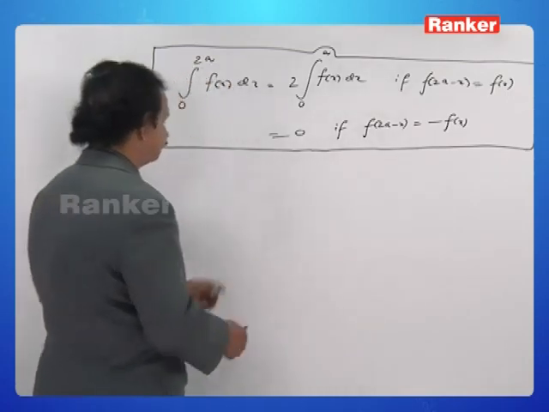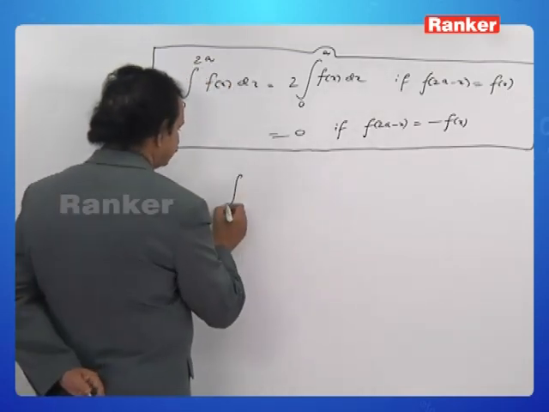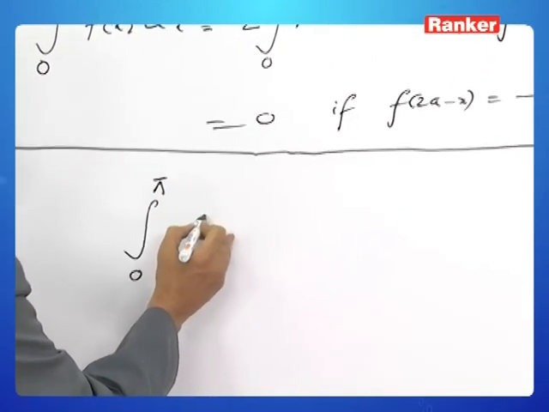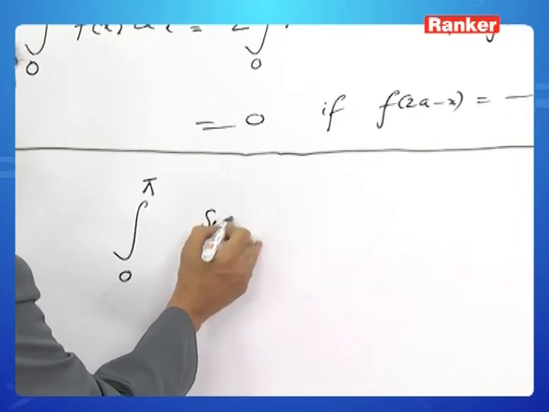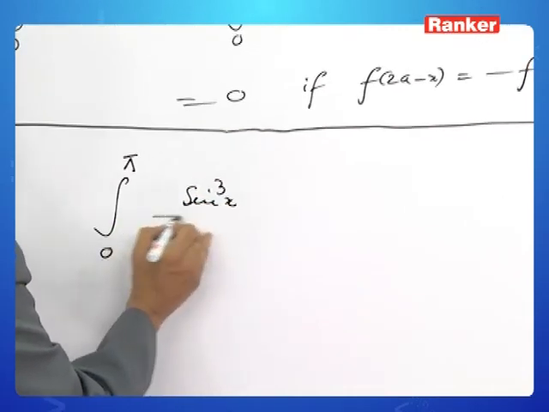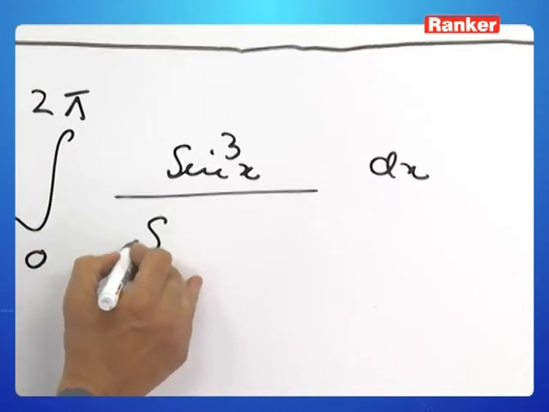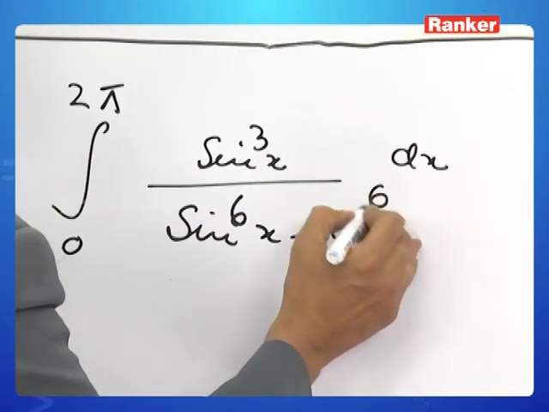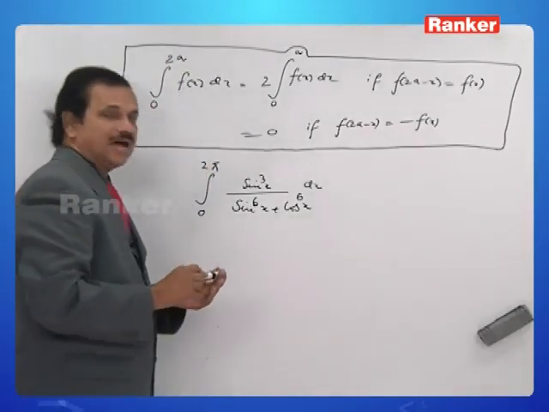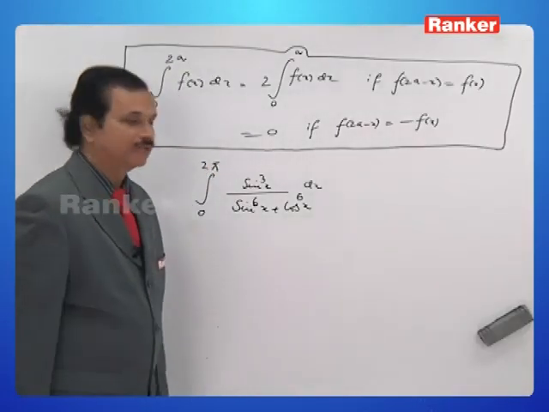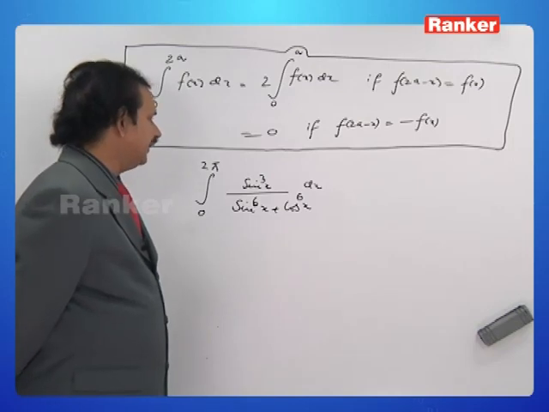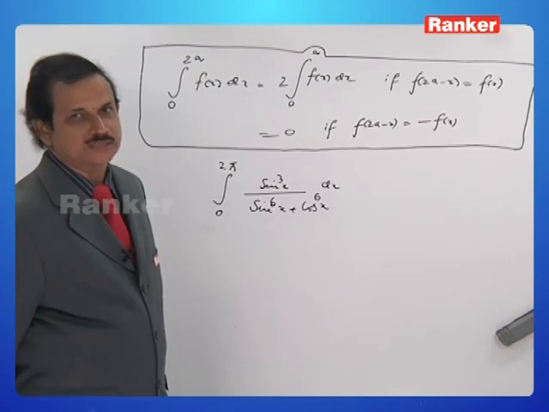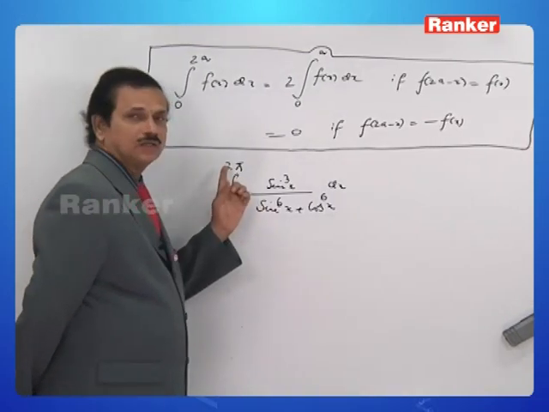Look here. Observe this problem. Integral 0 to 2 pi sin cube x by sin power 6x plus cos power 6x dx. Upper limit is 2 pi.